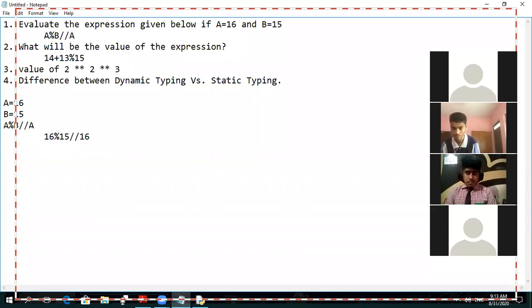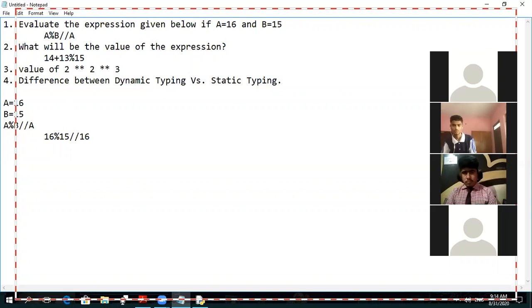Plus, minus, multiply, divide, modulus, floor division. All these operators come under arithmetic operator category. When all the operators are same, then we have to follow left to right associativity. Means here we have to solve this question from left to right.